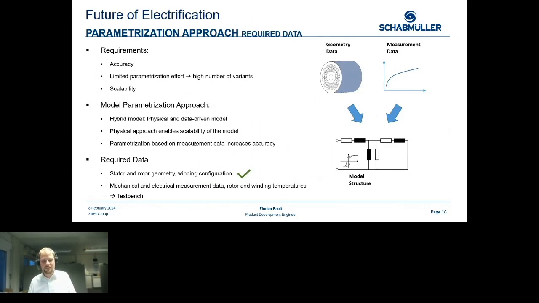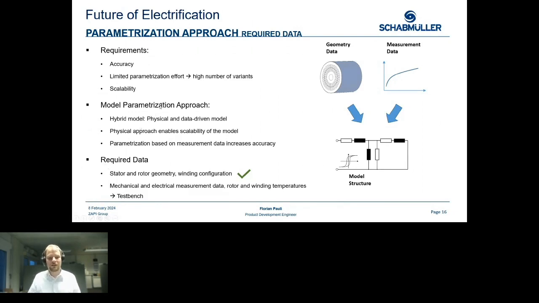We also want a limited parametrization effort, as we have a high number of variants, and we want scalability of these computational models, meaning that we can apply the scaling laws I just showed you in the beginning to a computational model and get good results considering the performance, without having to rely on measurement data each and every time we change the winding configuration a little bit, or we change axis scaling.